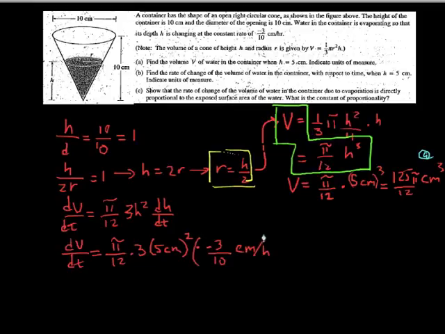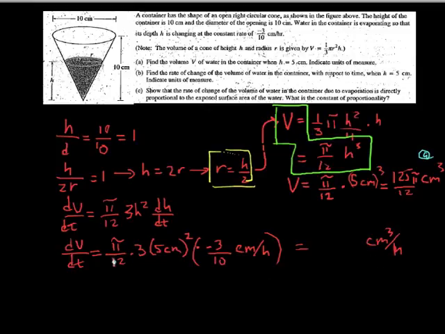This is kind of dimensional analysis. We have centimeters cubed, so our answer is going to be in centimeters cubed per unit of time, per hour. That makes sense. Our rate of change should be some volume measure per time.